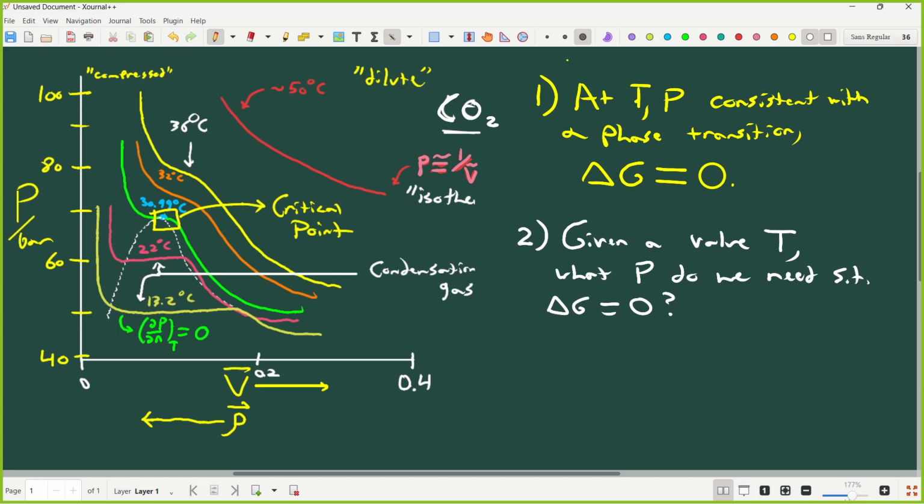All right, so I want to think about that. A good target is: how can we predict and calculate where the boiling point is for any material, or the melting point, as a function of temperature and pressure?